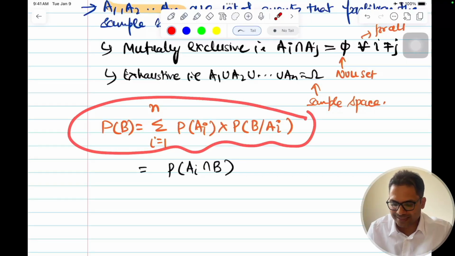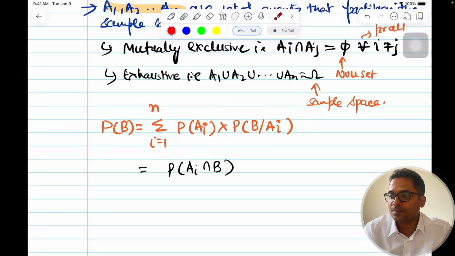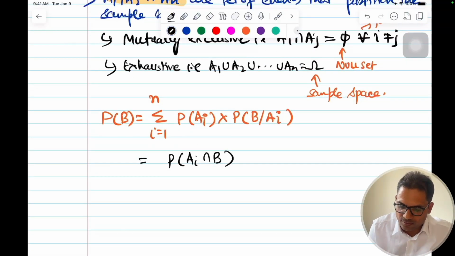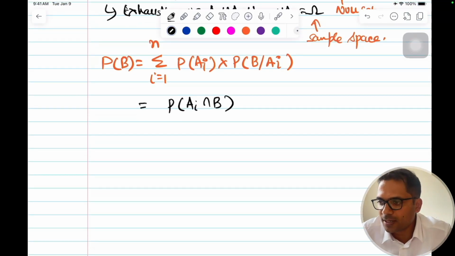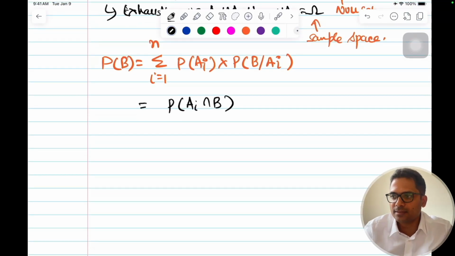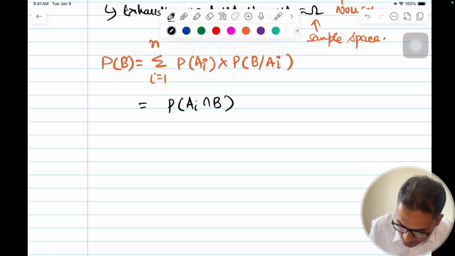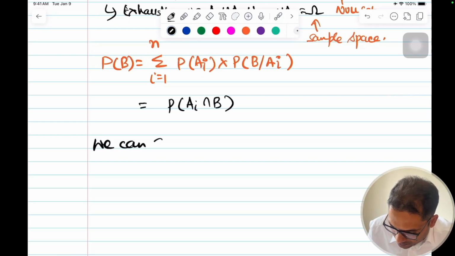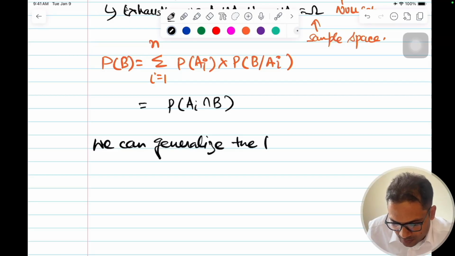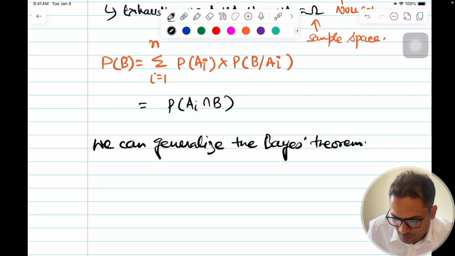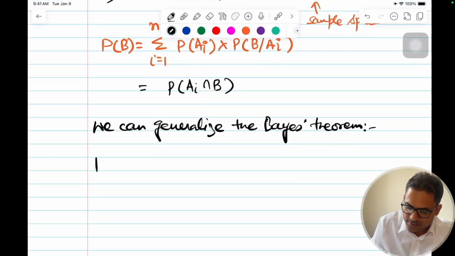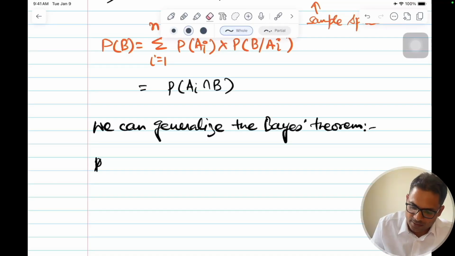Now if you plug this in the Bayes theorem, what will we get if we generalize it? We can generalize the Bayes theorem using this law of total probability.